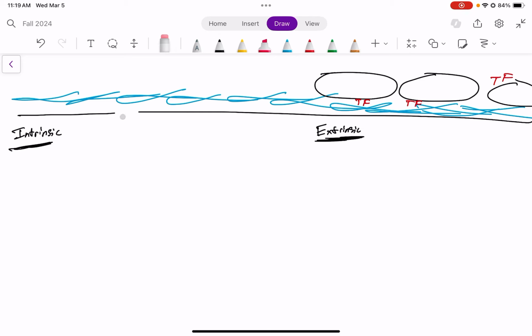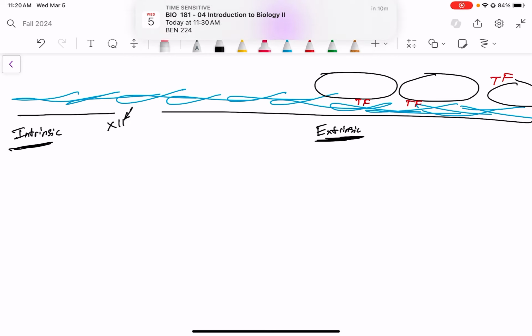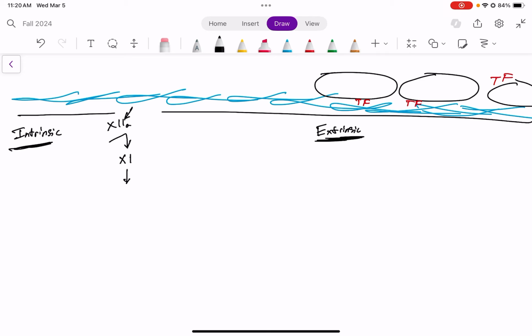The intrinsic pathway is activated by collagen. So when there's exposed collagen, that will activate factor 12. So factor 12 will get activated, and then factor 12 will activate factor 11, which will then activate factor 9.